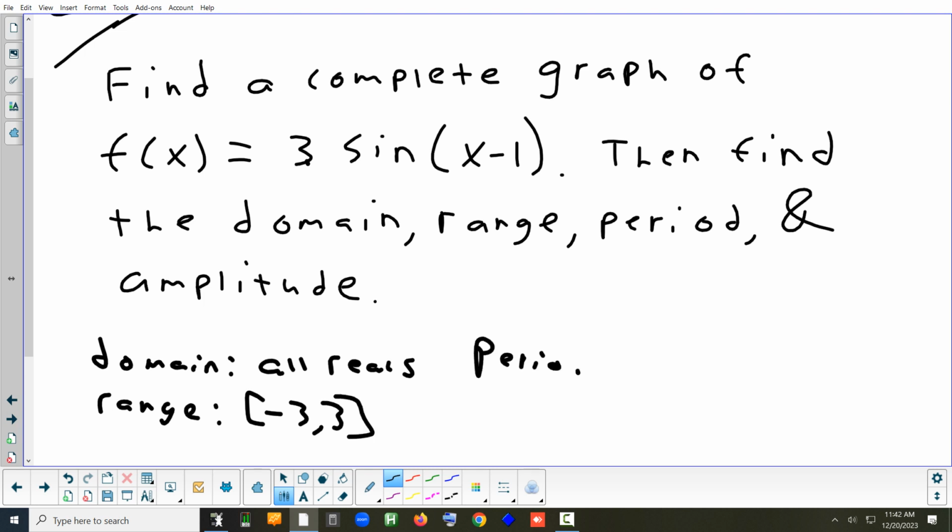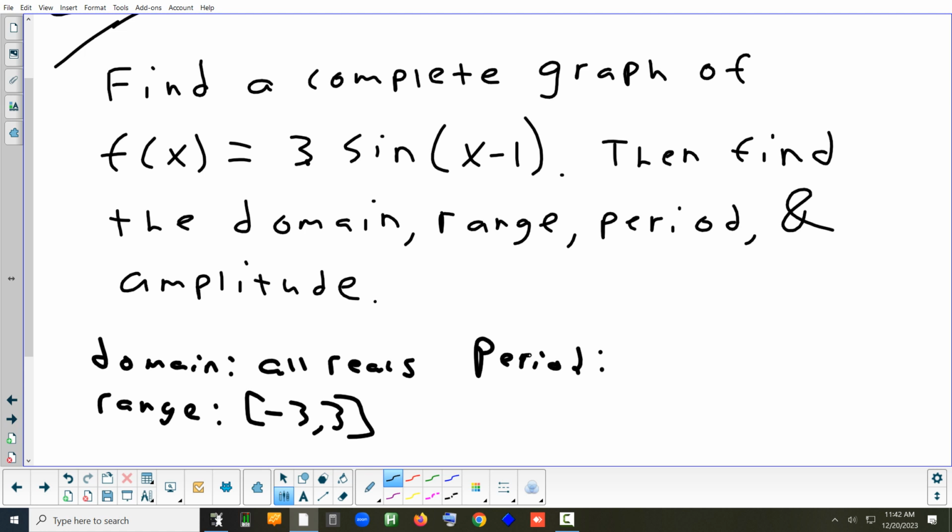Period. What's the period? 2 pi over what? Period is a measurement of length, so it can't be a negative number. What's b in this case? Not negative 1.